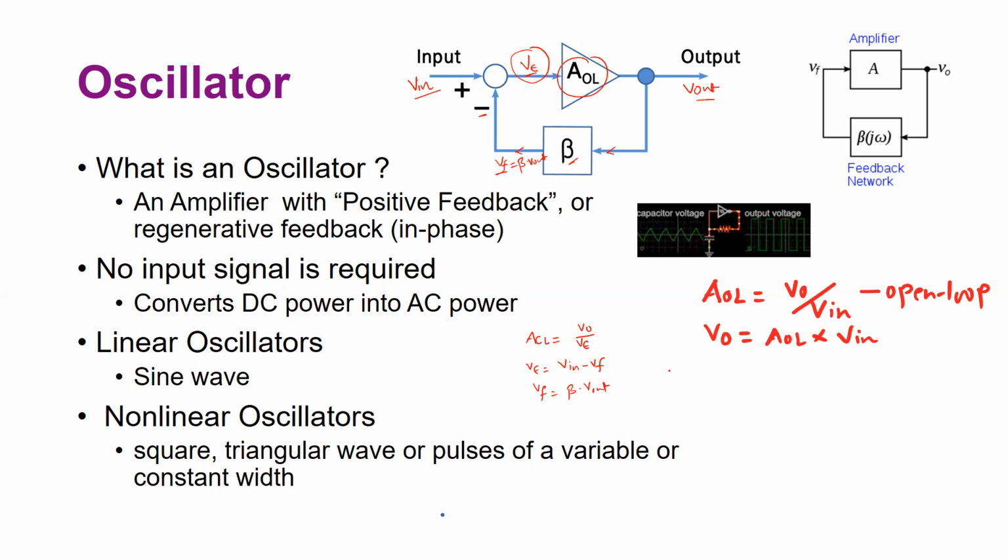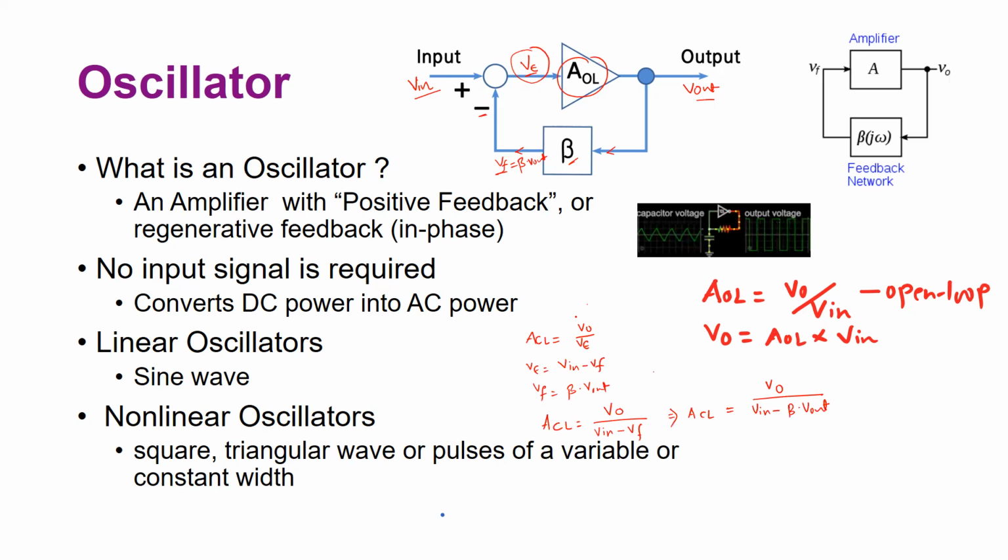So ACL can be written as VO divided by V in minus VF. Then ACL is equal to VO divided by V in minus, what is the value of VF? It is beta times V out. So we are basically putting the values here.